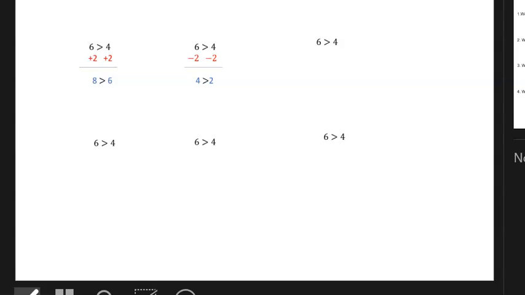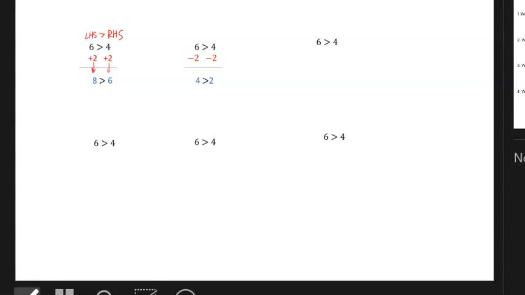As we can see, 6 is bigger than 4. After we add 2 to both sides, we get 8 and 6, and 8 is still greater than 6. This also makes sense, because if the left hand side is heavier or bigger than the right hand side, when you take away the same amount, the left hand side is still going to be bigger.